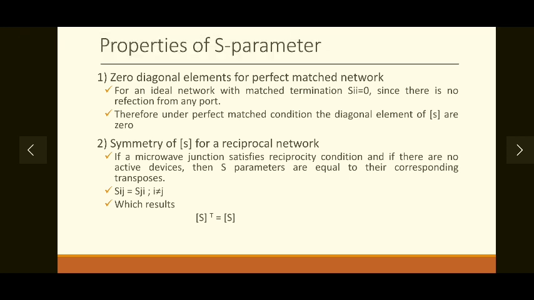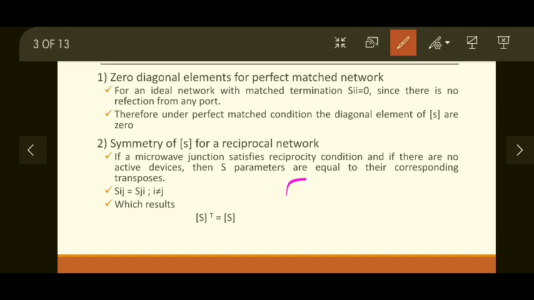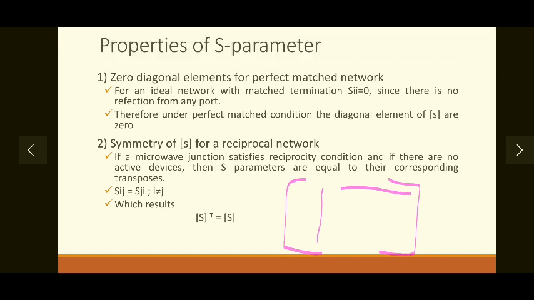So you can interchange the rows and columns of the matrix. That is Sij is equal to Sji, which results in S equal to S transpose. So that is the second property of scattering parameters or the scattering matrix as a whole.